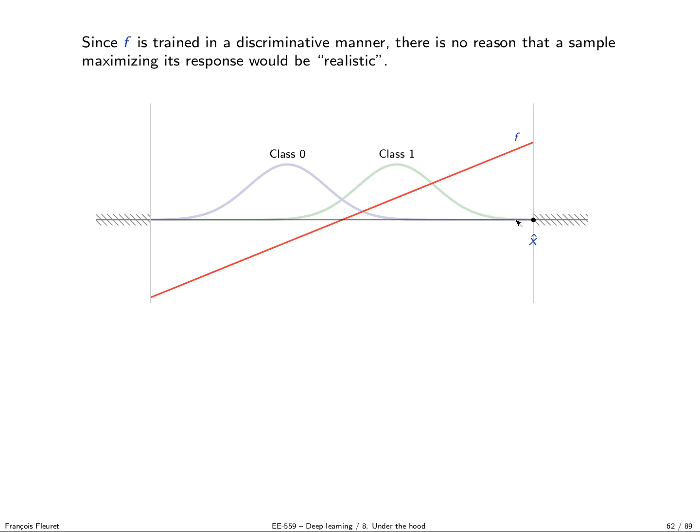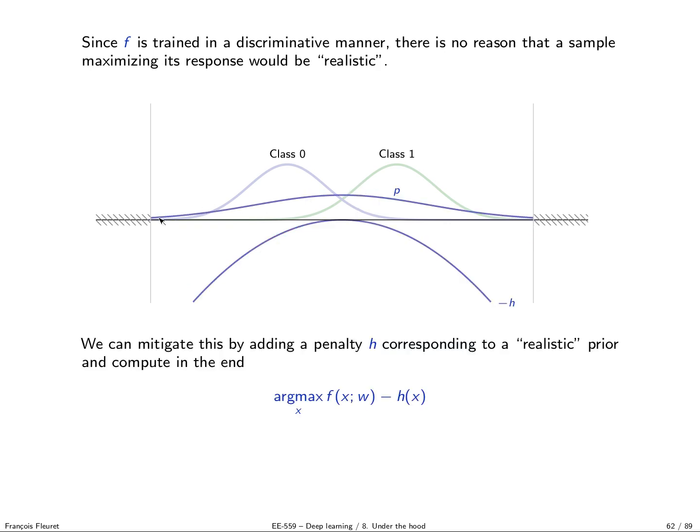So to fix this and to get an x which is actually realistic under the actual population, so not simply the x that maximizes the response of the class, but which is also consistent with the very distribution of the class, what you can do is to switch to another prior, something that corresponds to what you believe is a reasonable prior for all the classes together, and then you add this penalty term. So now you are doing Bayesian inference with a non-flat prior that will tend to prefer the more realistic samples.